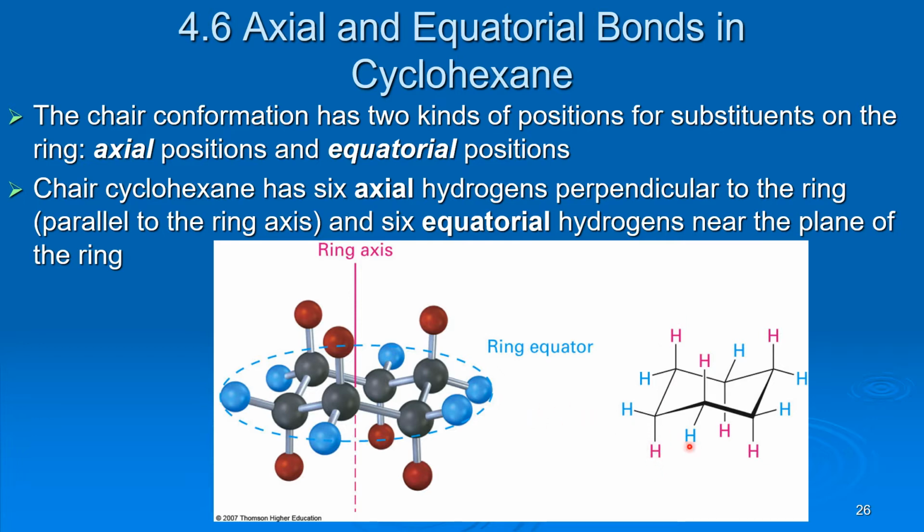And then all these blue ones are called equatorial because they're around the equator. And they're all coming out kind of at an angle, slightly up, slightly down, alternating. There's 6 equatorial. So on each carbon, you have 1 axial and 1 equatorial.